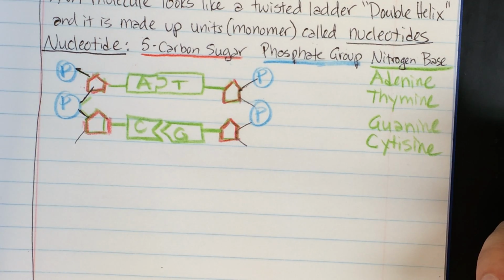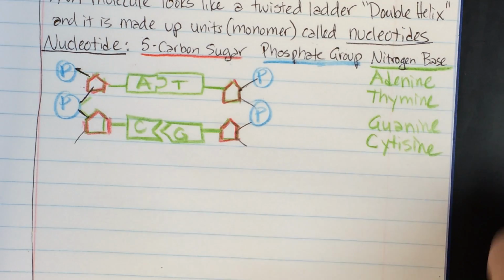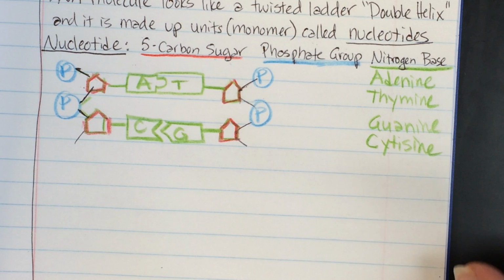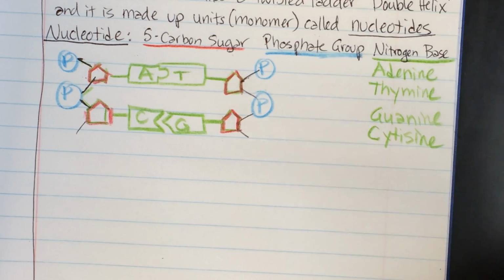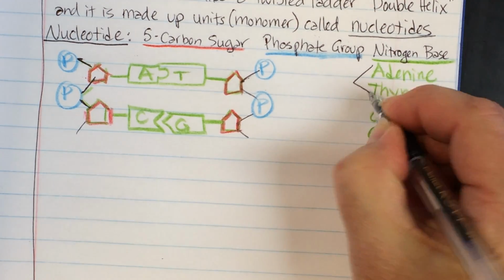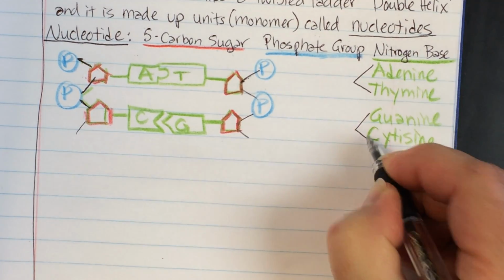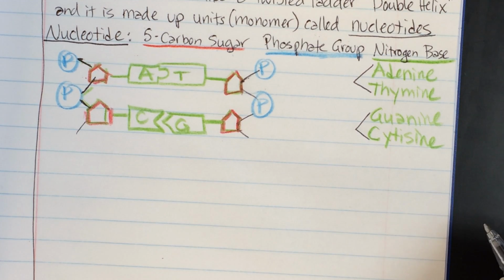So there's a close-up of your ladder that makes your DNA. All right. And so we want to remember that these 2 always go together, and these 2 go together.